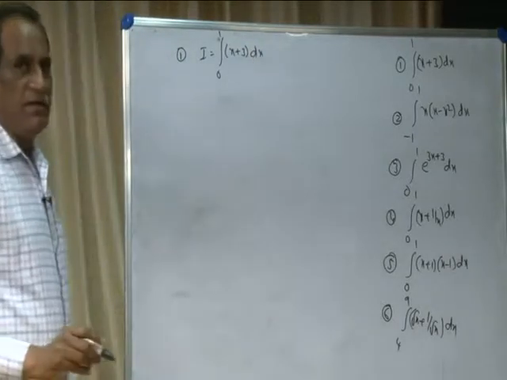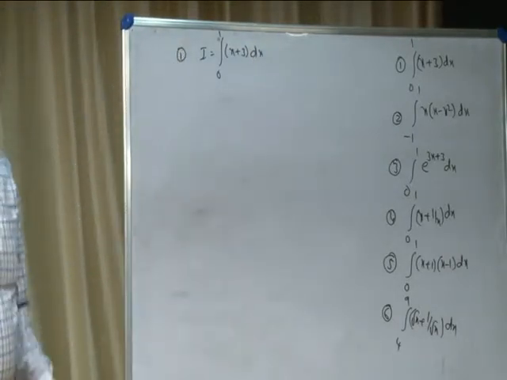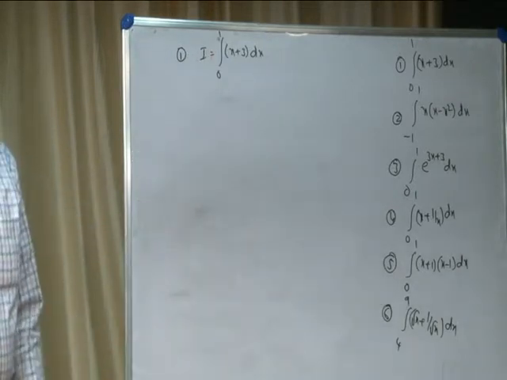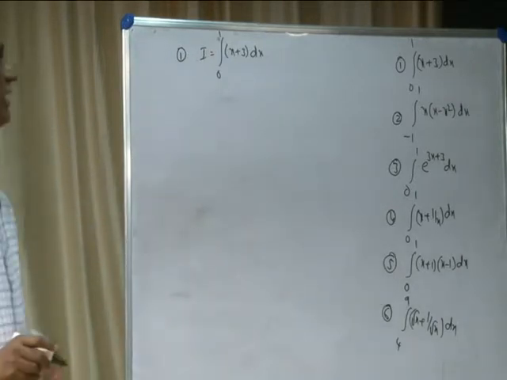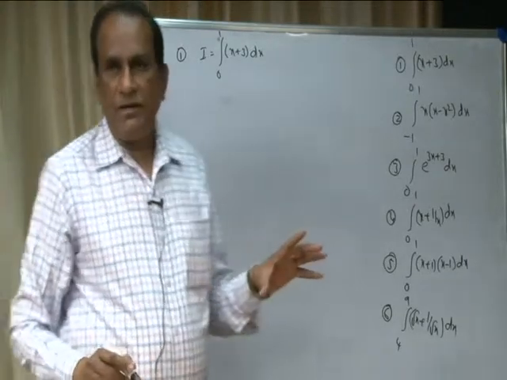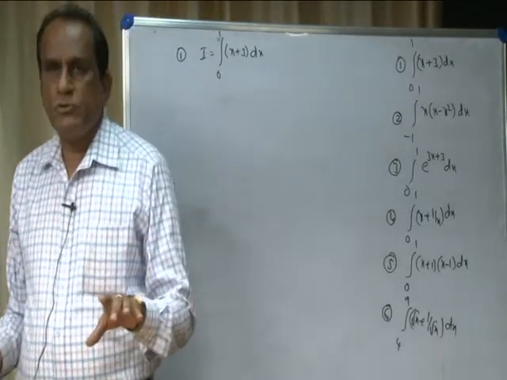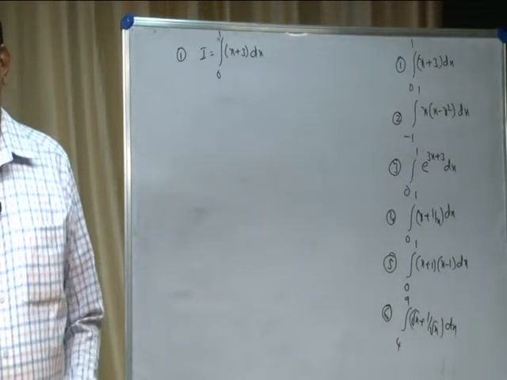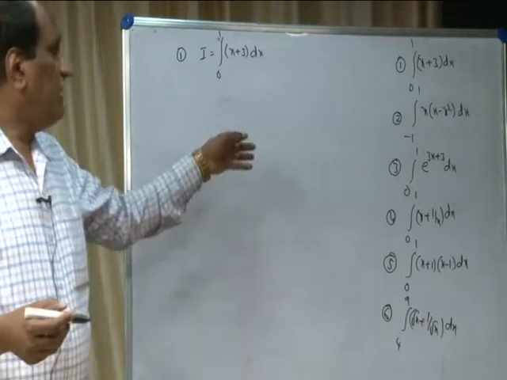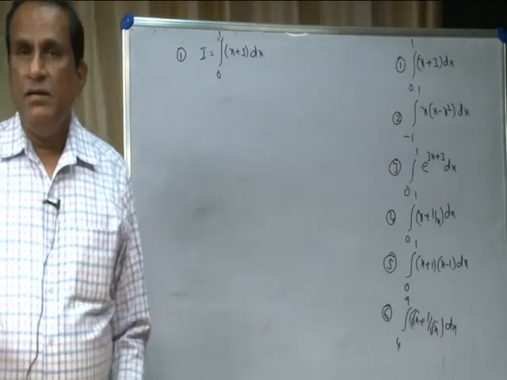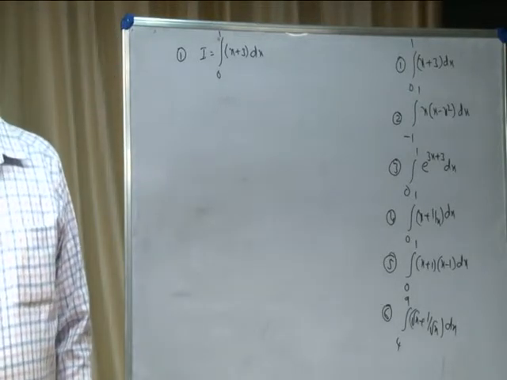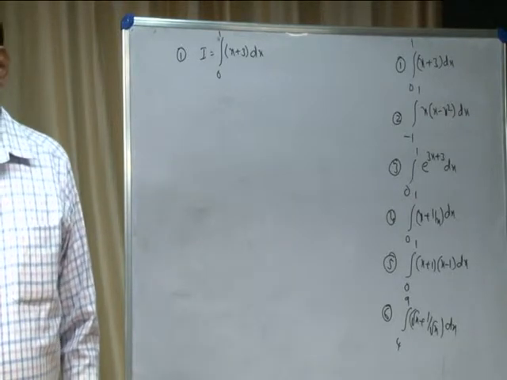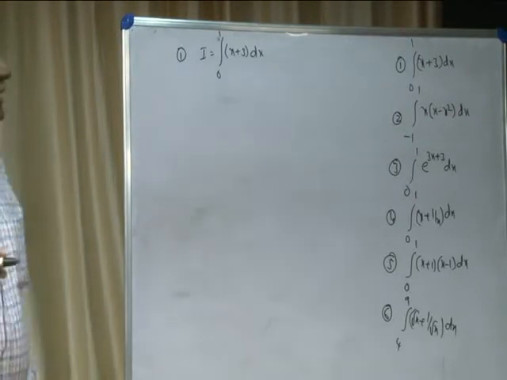If limits are there, a lower limit and an upper limit, the problem comes under definite integral. If the given problem comes under the substitution method, use the same procedure and after integration apply the upper limit and lower limit. And if it comes under integration by parts, apply the same procedure, integrate, and after integration apply the upper limit and lower limit.